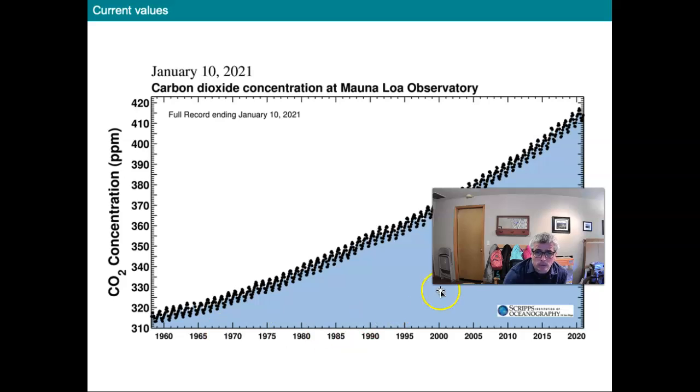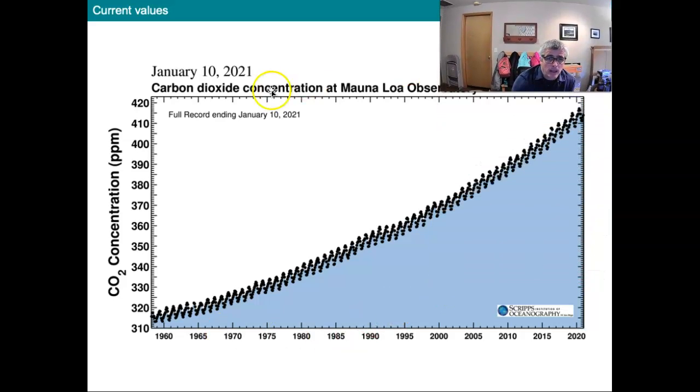So this graph shows carbon dioxide values at Mauna Loa Observatory. And this is carbon dioxide through time, starting in, I believe, 1958. And these data are from yesterday, where the value is 141 parts per million of carbon dioxide.